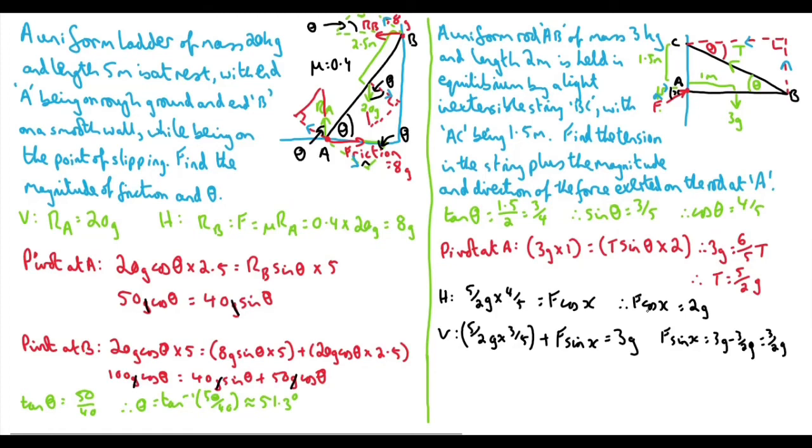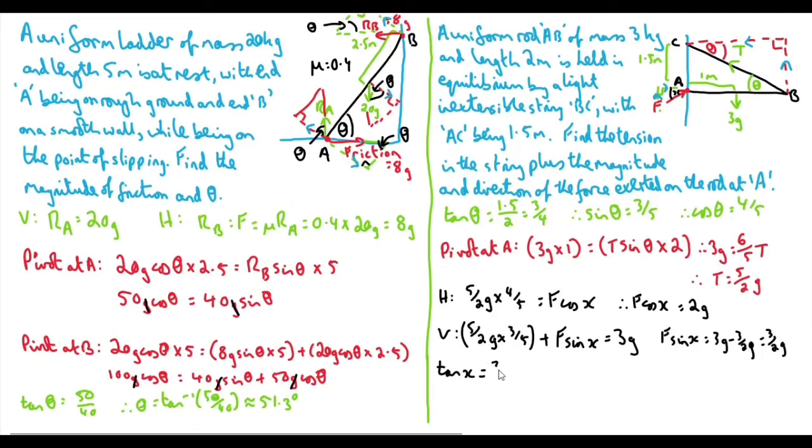we can work out what the overall F is going to be, because if we divide these by each other, the F sine X divided by F cos X, the F's would cancel, sine over cos is tan, so tan of X would equal your 3 over 2g divided by 2g.